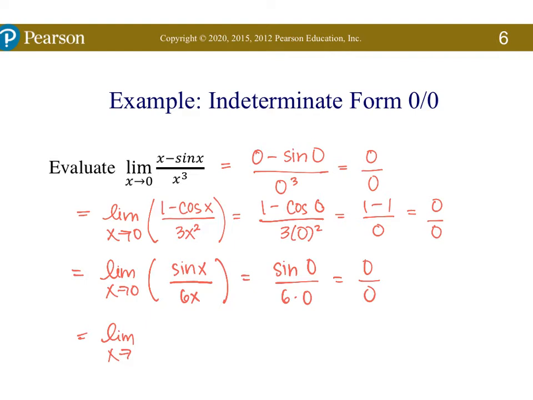So finally, my last round of derivatives, positive cosine of x over 6. So now I'll have the cosine of 0 over 6, and I finally get my first non-indeterminate form, which is 1/6.